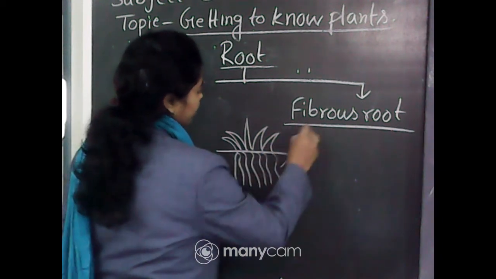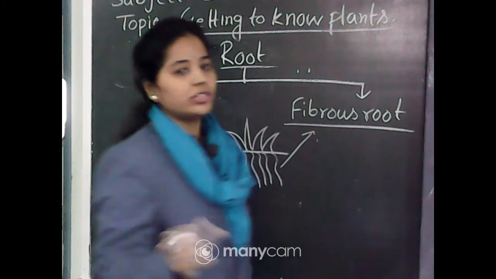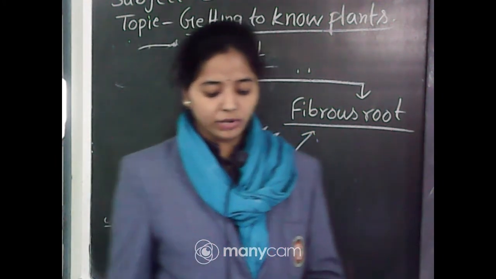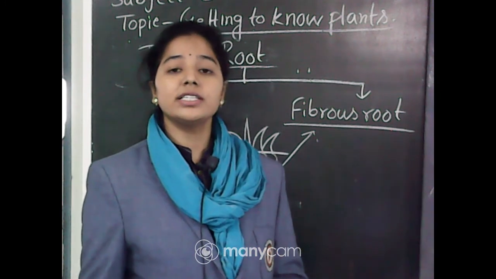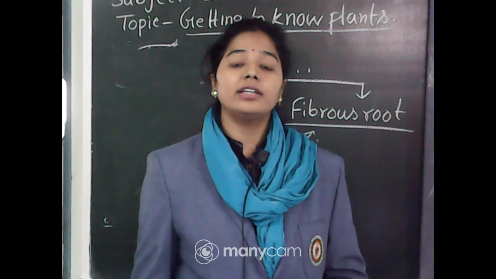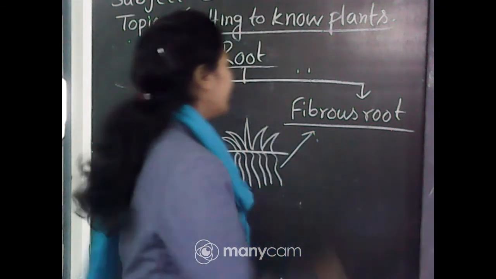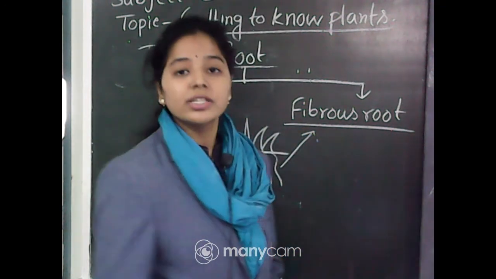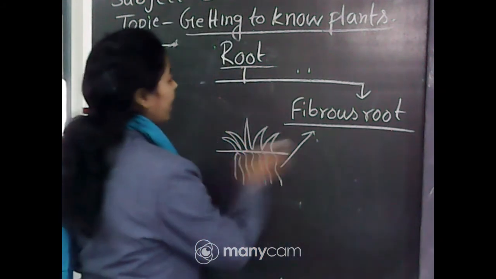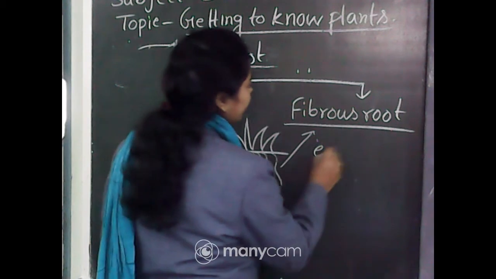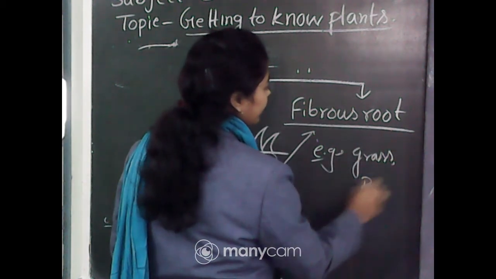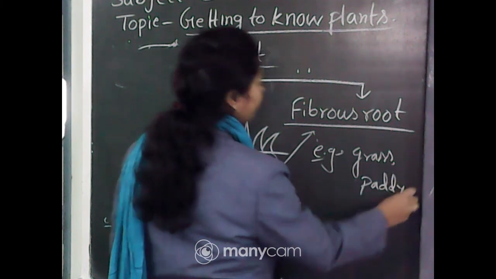These are called fibrous roots. They look alike, they are uniformly situated, and they do not have a main root. This is the main difference between taproot and fibrous root: there is no main root in fibrous root, and all the roots seem similar. Examples are grass and paddy, which are common.